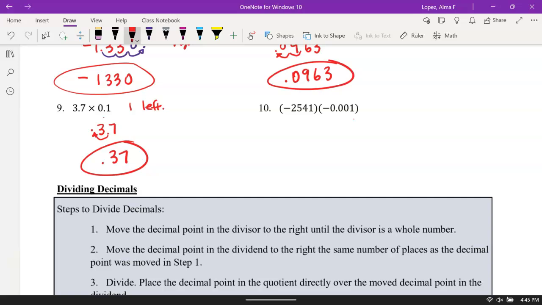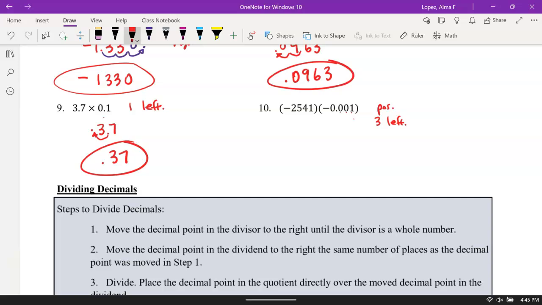Now, the next one, we're multiplying 2 negative numbers together, so I know my final answer is going to be positive. And I know that it's 1, 2, 3 decimal places to the left. So I'm making it smaller. When you're multiplying by 10, 100, 1,000, you're making it bigger, so you go to the right.